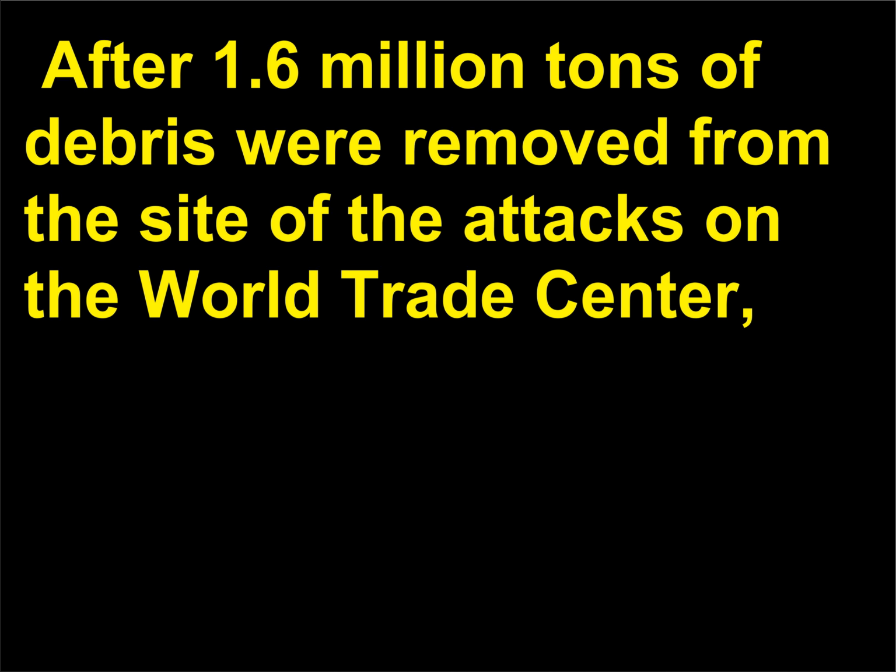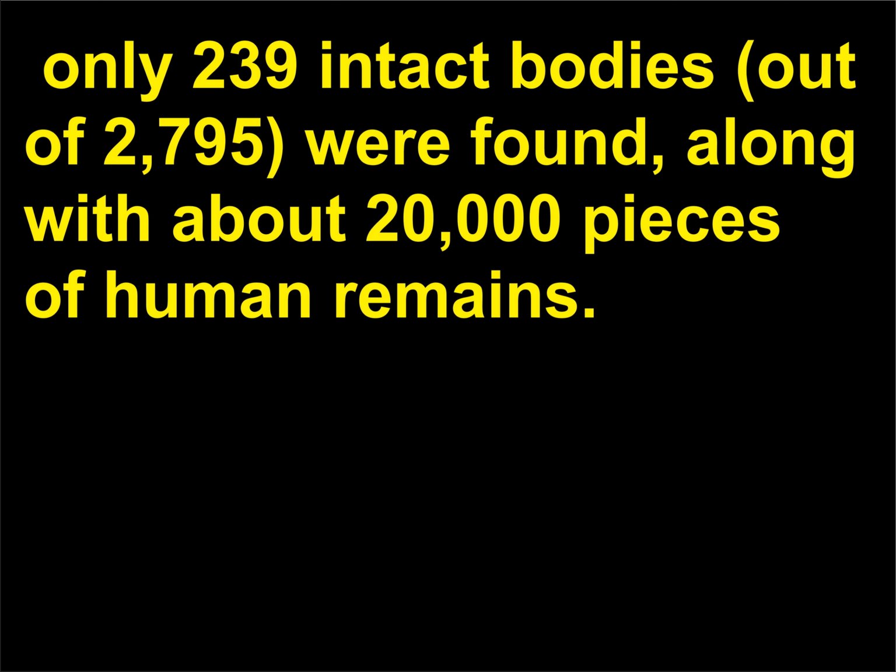After 1.6 million tons of debris were removed from the site of the attacks on the World Trade Center, only 239 intact bodies, out of 2,795, were found, along with about 20,000 pieces of human remains.